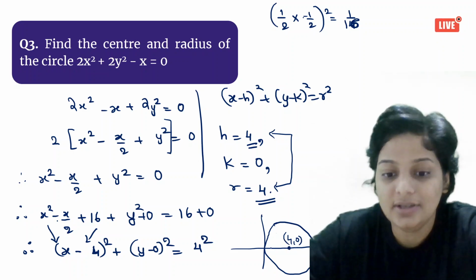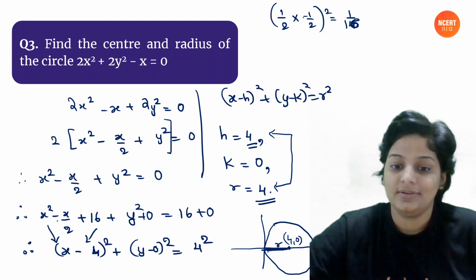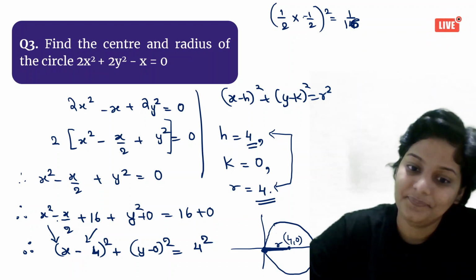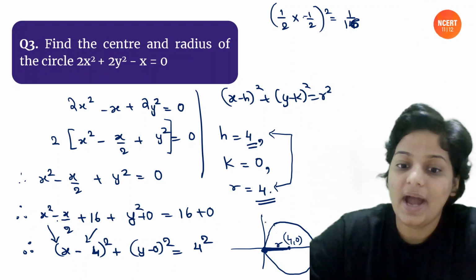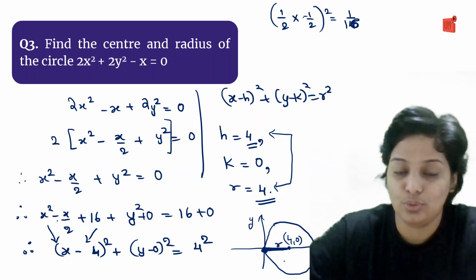This is your center and this distance, this radius, is equal to 4. The circle is touching the y-axis at the origin. This is a circle which is touching the y-axis at origin.